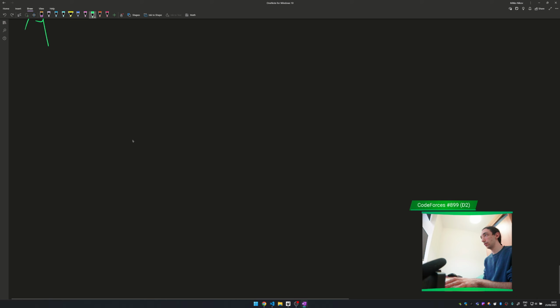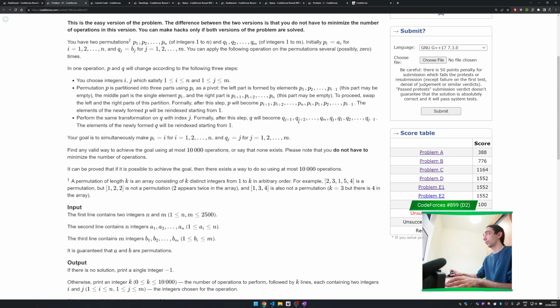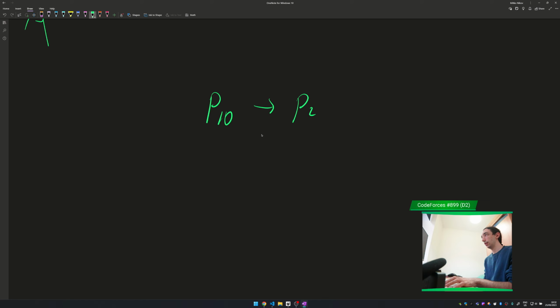Okay, so let's assume that we want to swap P_10 and P_2. P_10 is here, with something here, and P_2 is here. I'm interested in P_2, P_10, and this.